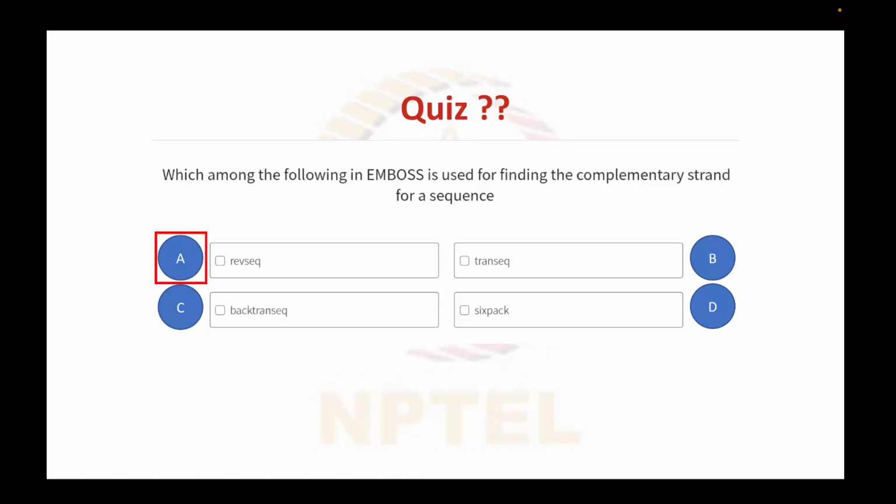So revseq is used here. Transeq is used to translate the protein.